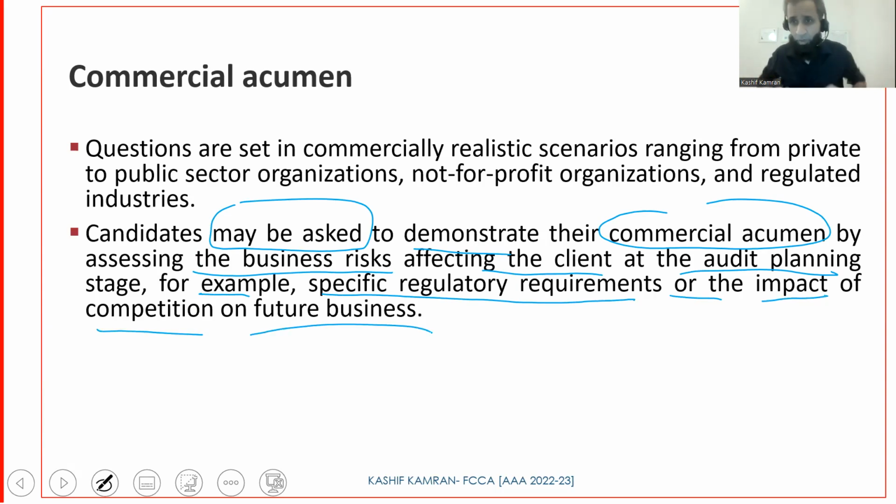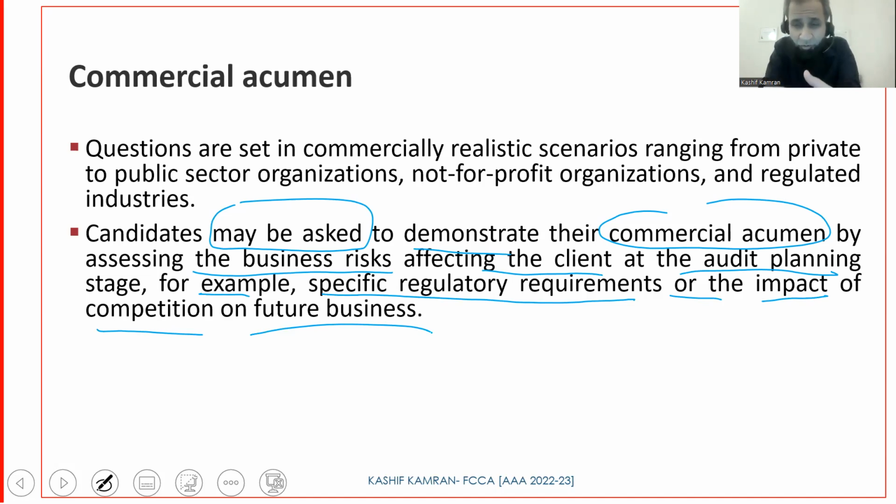Now, we know that in the first question, the examiner asks you to evaluate the business risk. Now, if you are evaluating the business risk, we know that in a business risk, you need to pick up a situation which can have a negative impact on the business operation. There might be any situation in the exam paper.